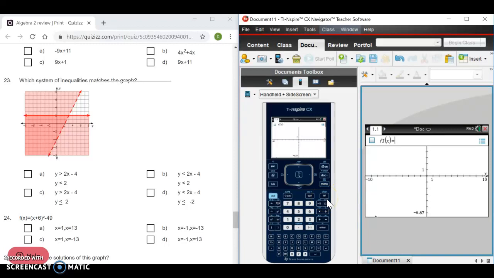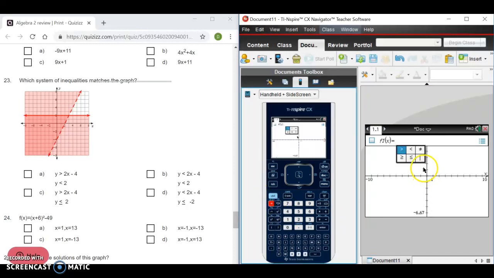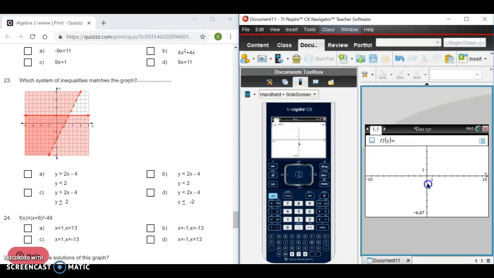Now, there are several ways you can put an inequality on your calculator. You can press Control equals, and you can make this a greater than, less than, whatever you want. I can make it greater than or equal to, whatever I want.